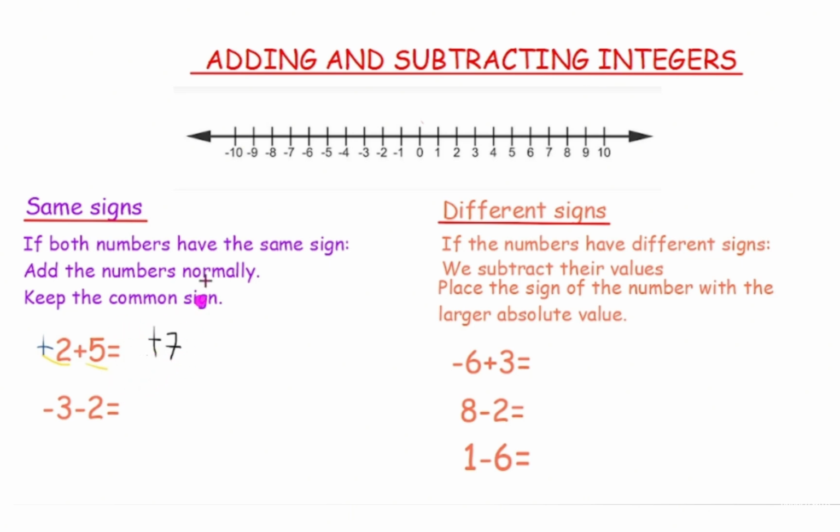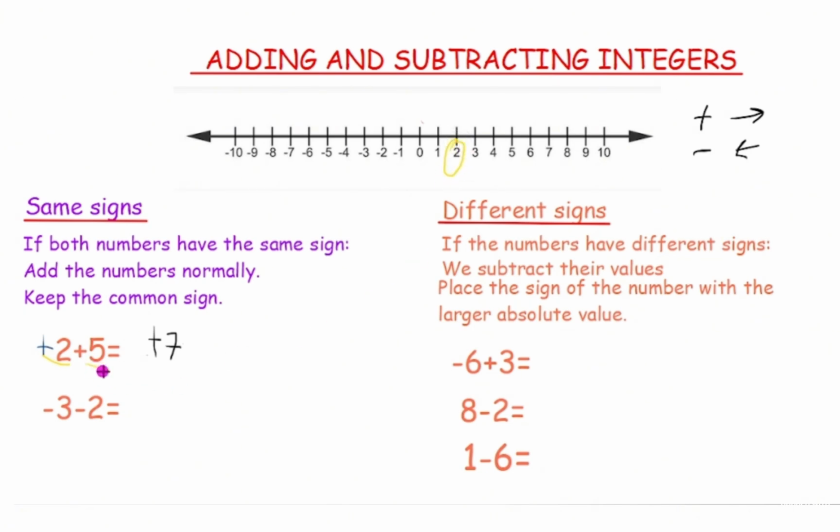Now, if I want to check this using the number line, we need to remember the following. If I'm going to add on the number line, I'm going to move towards the right. And if I'm subtracting on the number line, I'll always move to the left. So let's go with the example we just did. I'll start at +2, meaning I'll be standing right here.